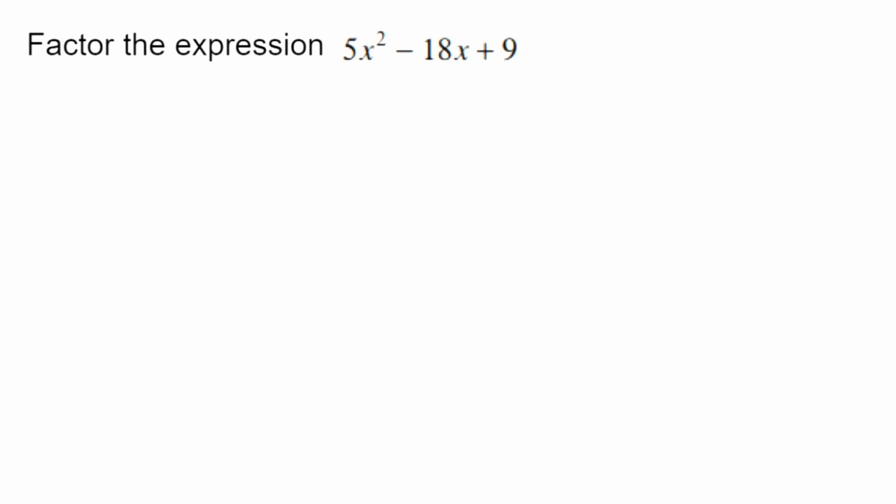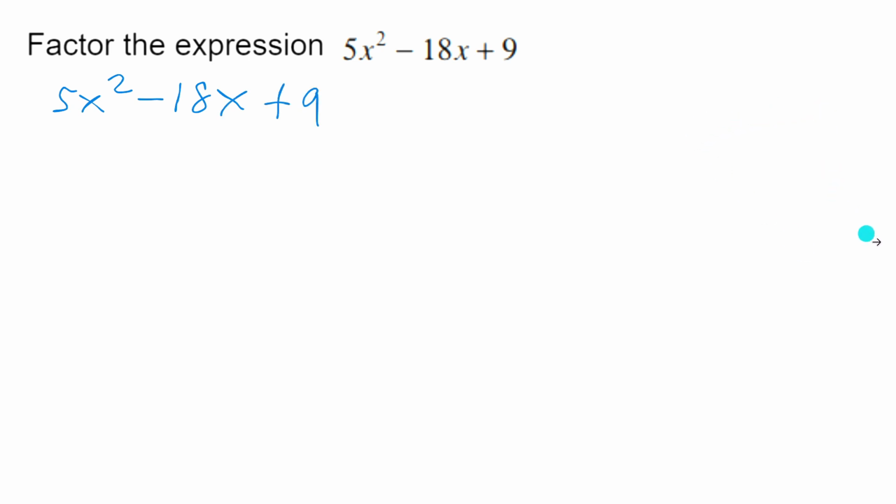The a here is going to be 5 already. Okay, so let's solve. So the given again here is 5x squared minus 18x plus 9. Did I write it wrong? Okay, for a while. Minus 18x plus 9. There you go.